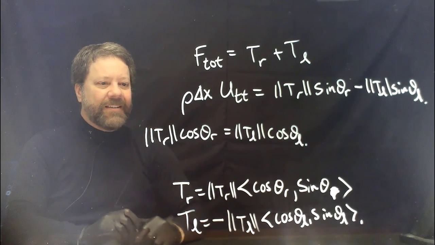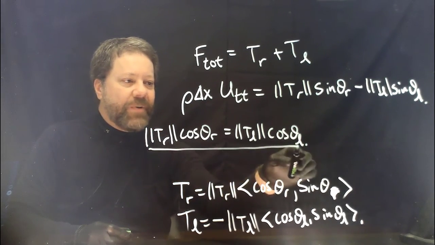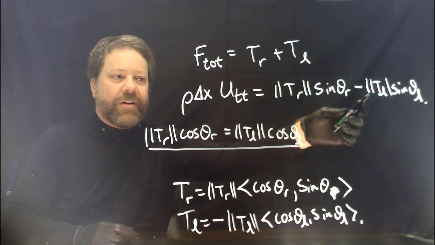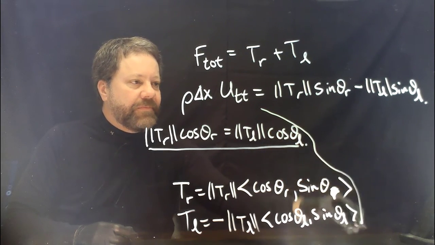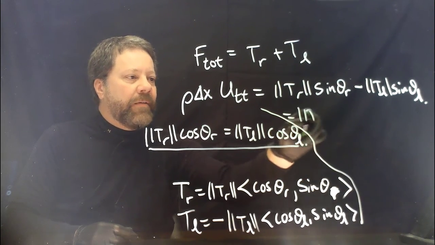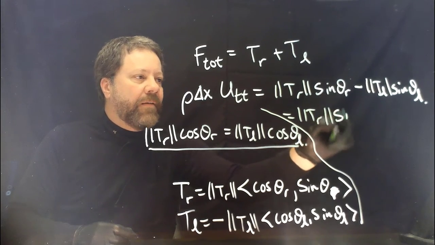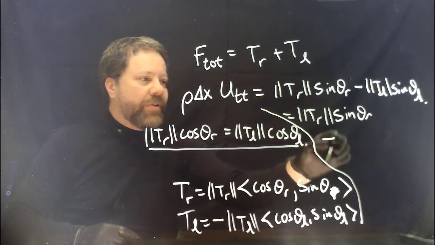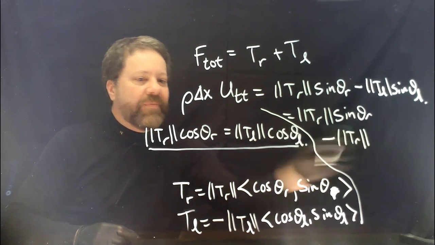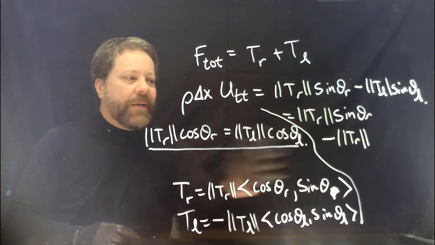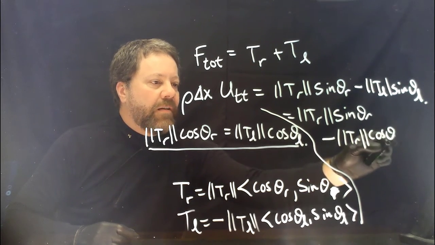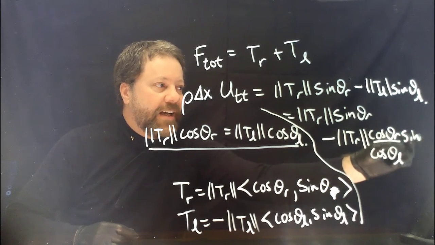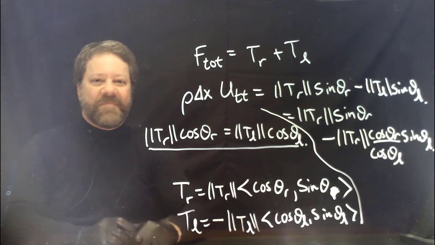So far so good. Keep in mind we still have this equation that holds, which allows us to get rid of the norm of the tension on the left. Minus the norm of the tension on the left is going to be the norm of the tension on the right, cosine theta right divided by cosine theta left, and we're still multiplying this by the sine of theta on the left.